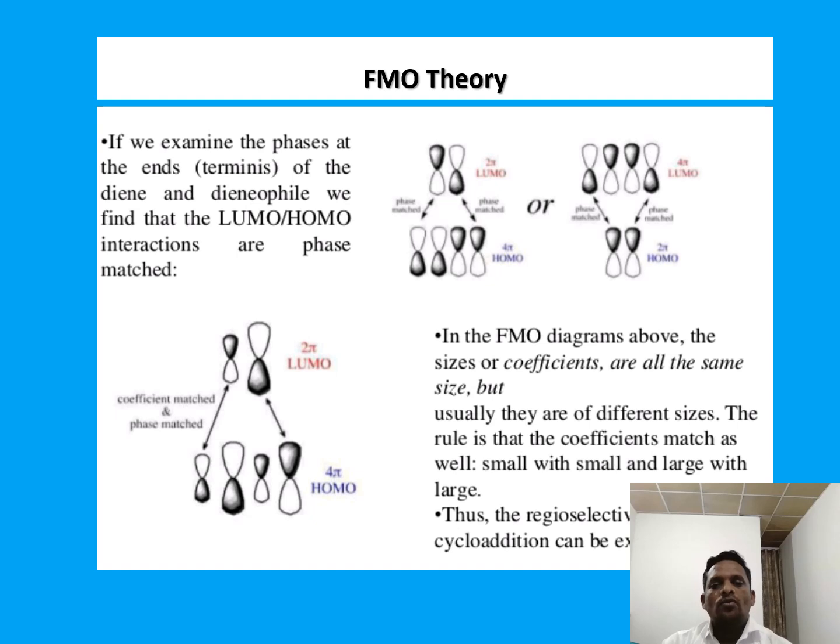In the FMO diagram above, the coefficients are all the same size, but usually they are of different sizes. The rule is that the coefficients match as well, small with small and large with large. The cycloaddition is always regioselective in nature.